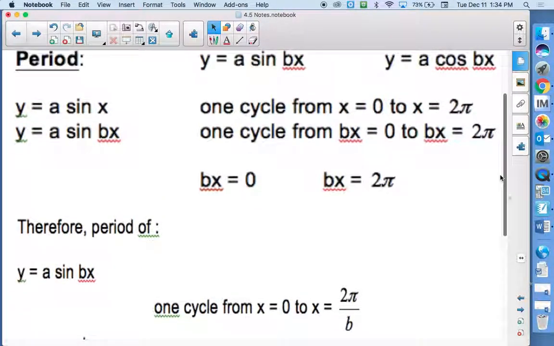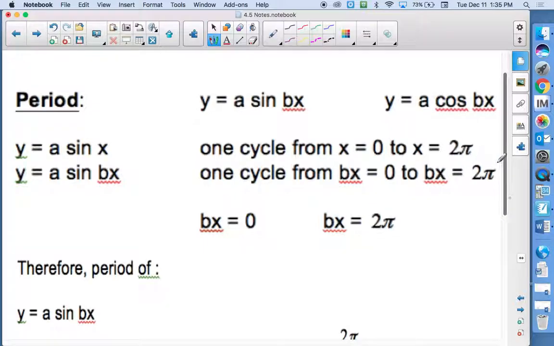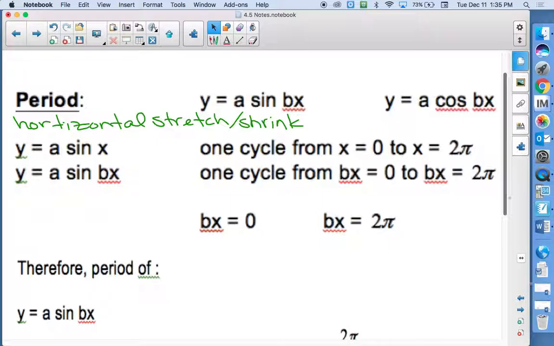So we're looking at where it says period, which is the horizontal stretch or shrink of the graph. So if it's horizontally, we're affecting x, which is really the angle. Vertically, you're affecting y, which is the actual value of sine or the value of cosine, depending on the angle you're given.